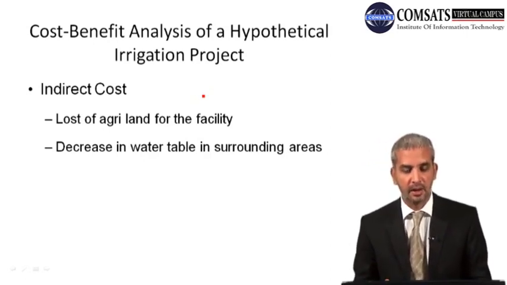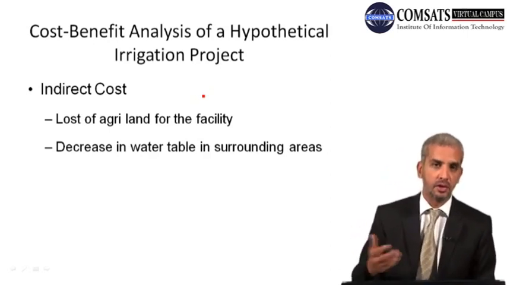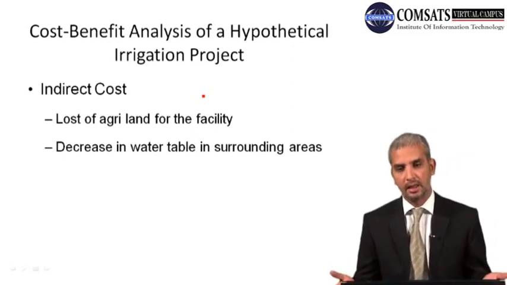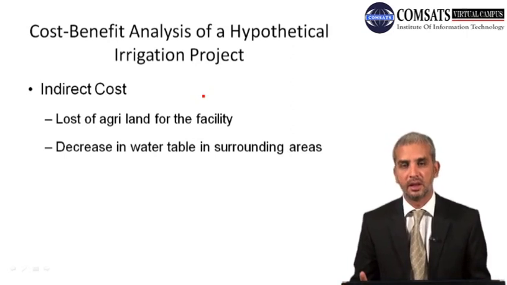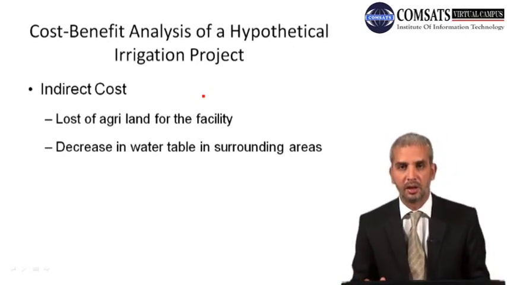And secondly, in terms of indirect benefits, we also need to consider, I forgot to mention that before, I better mention it right now, that there would be an increased water level below the surface, and that would also benefit surrounding farmers who are maybe very close to the irrigated area.